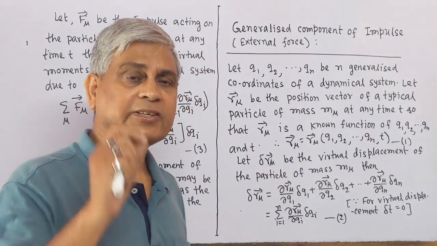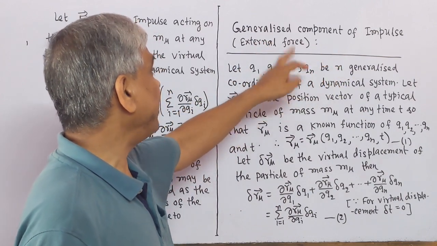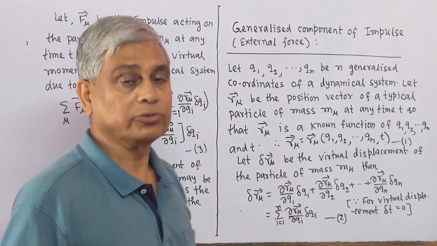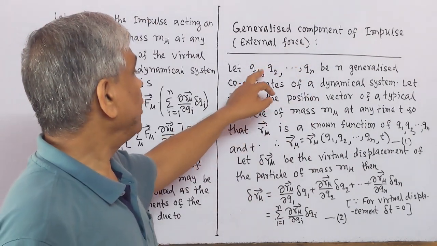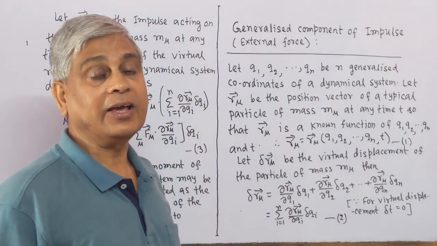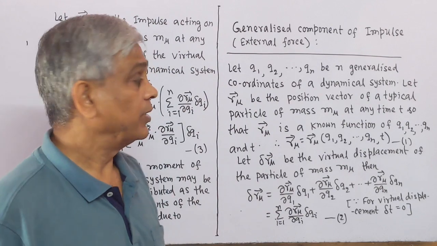Now I will describe the generalized component of impulse. Impulse here means external force. Let q1, q2, dot dot dot qn be n generalized coordinates of a dynamical system.